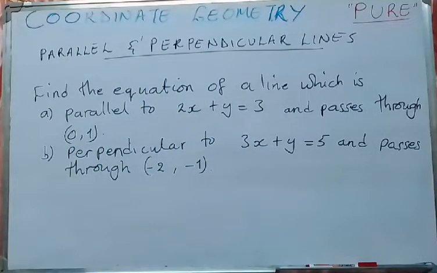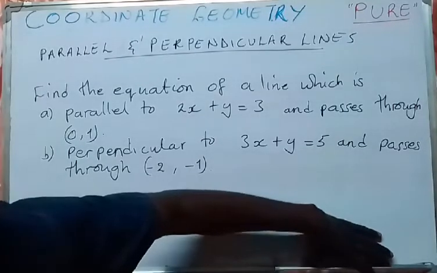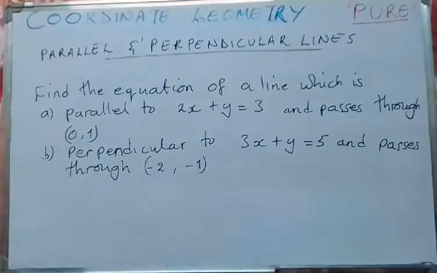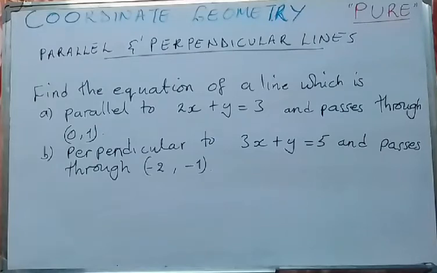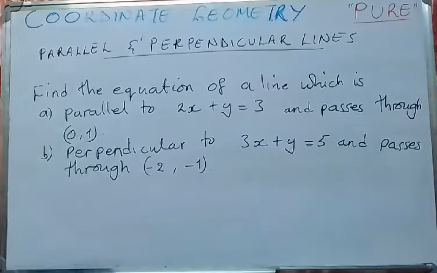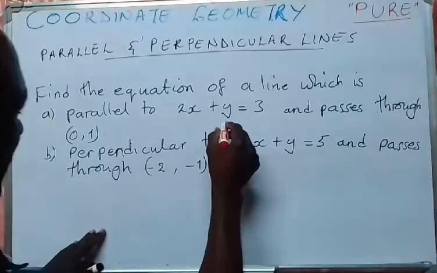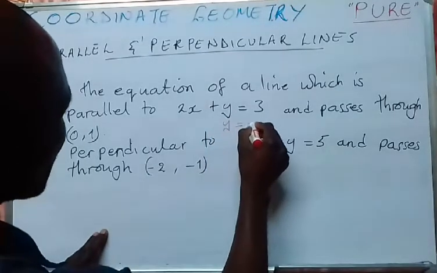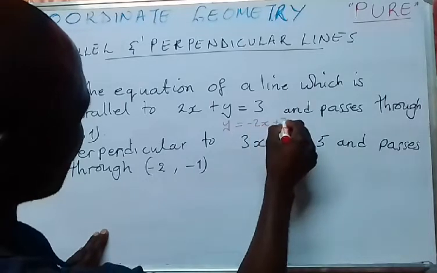Fine. If we are given a question like this, where we are asked to find the line parallel to 2x plus y equals 3 and passing through (0, 1), what are we going to do? Since the equation is given, writing it in the form of a straight line, it will be y equals -2x plus 3.